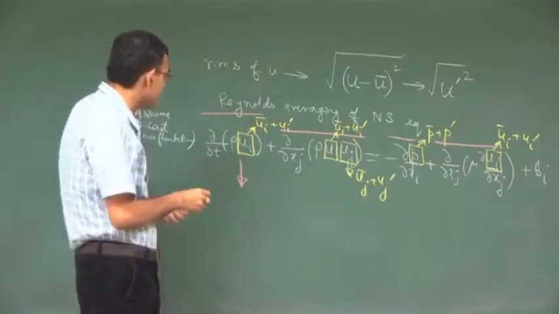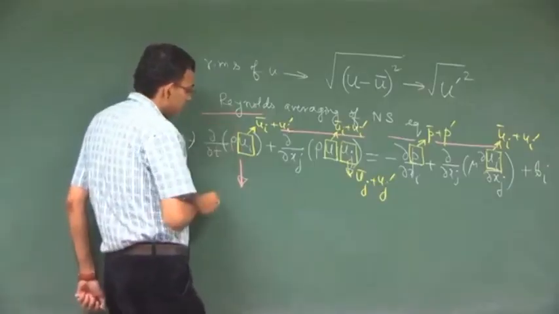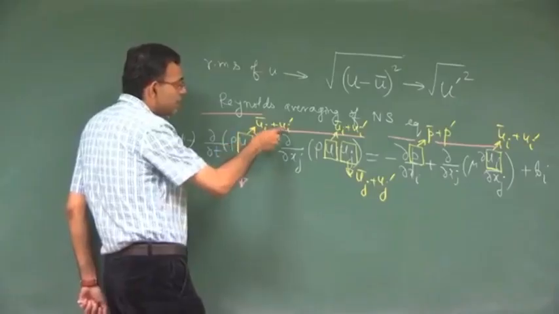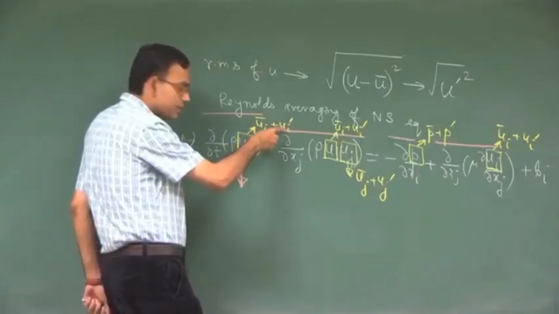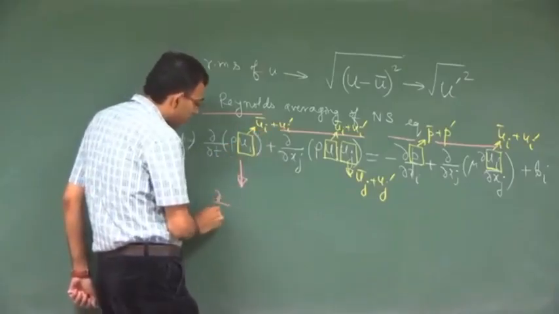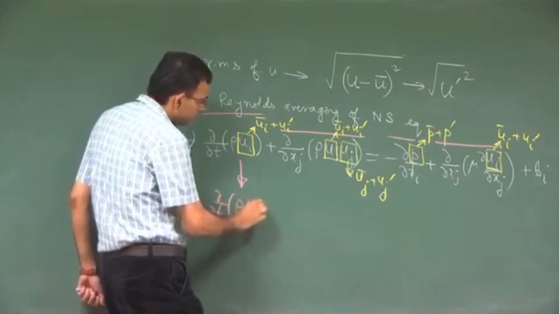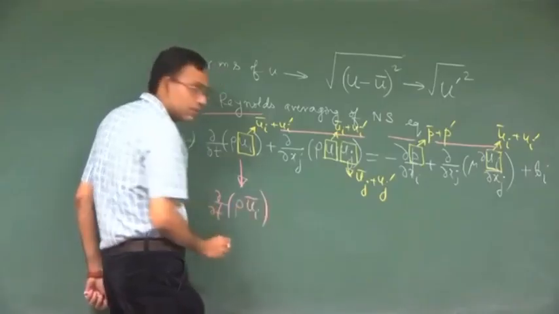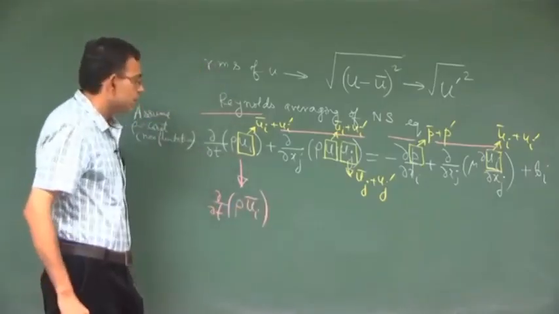So, if that be the case, then if you take the average of this, u prime will be 0, so it will be del t of the averaged term.